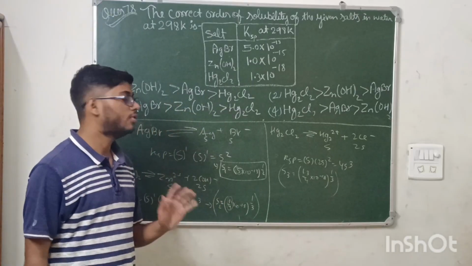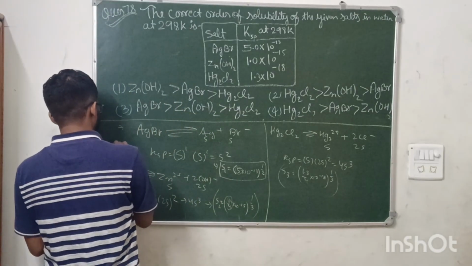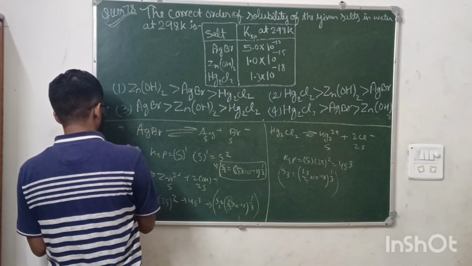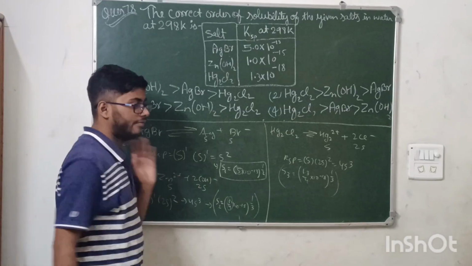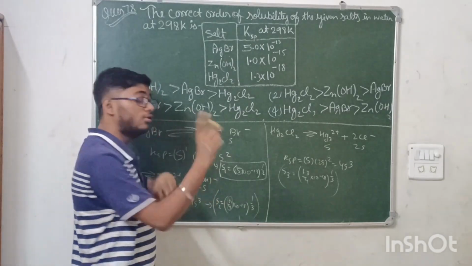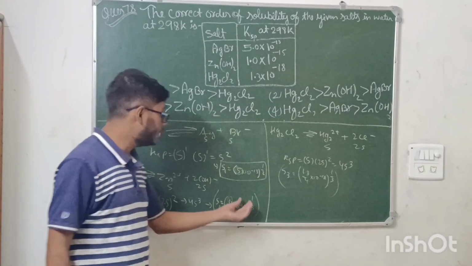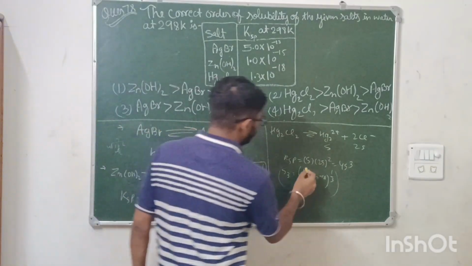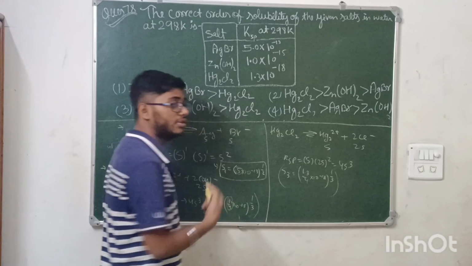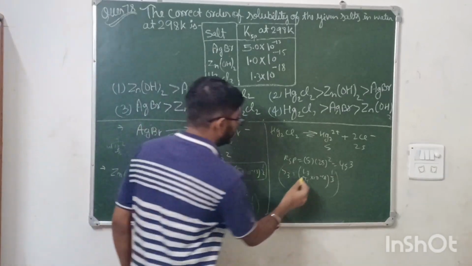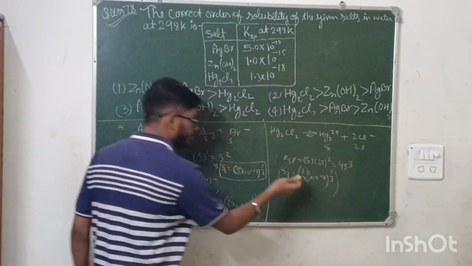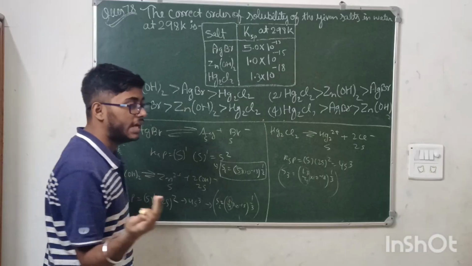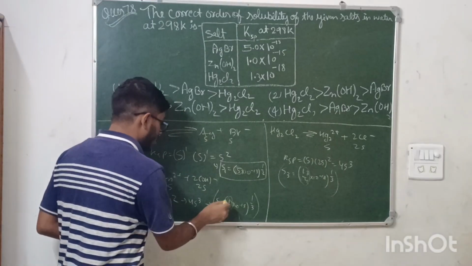1 by 4 is 0.25. So 0.25 into 10 to the power minus 15 is a very small number, and the cube root will be smaller than the square root. And also here 1.3 by 4 will be approximately 0 point something, and it will be smaller than the 1 by 4.